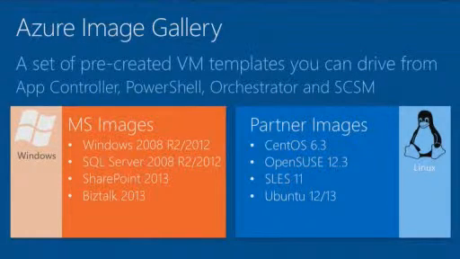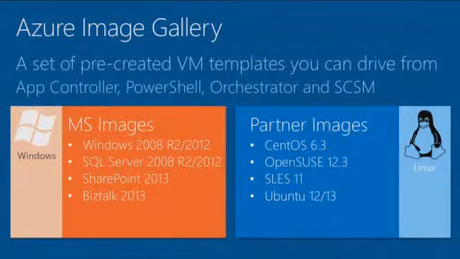The Azure Image Gallery, we had a brief look there. So there's several Microsoft-based images there. We saw Windows 2008 R2, 2012, the 2008 R2 and 2012 flavors of SQL, SharePoint 2013, the latest and greatest BizTalk, but also several partner images. So you see there CentOS, OpenSUSE, SLES, Ubuntu.